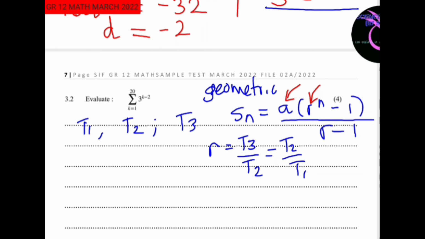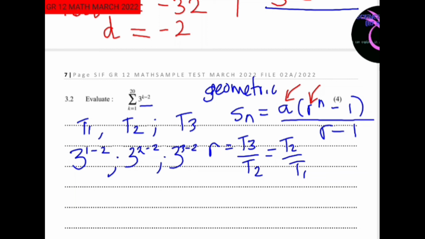Can I generate T1? Yes, I've got the formula. So T1, where there is k, I'm going to put 1. So T1 is actually 3 to the power of 1 minus 2. T2 is going to be 3 to the power of 2 minus 2. And T3 is going to be 3 to the power of 3 minus 2.